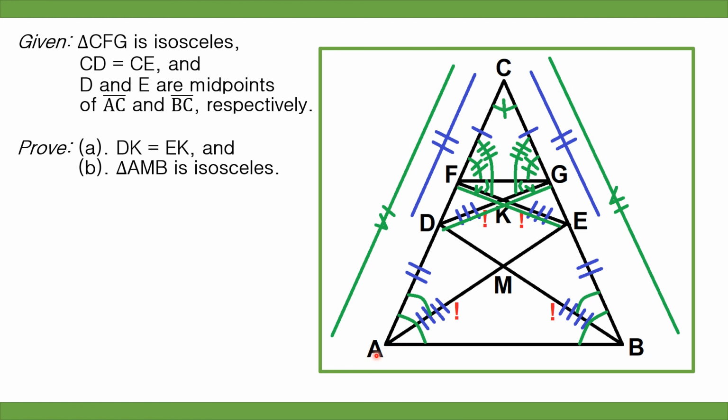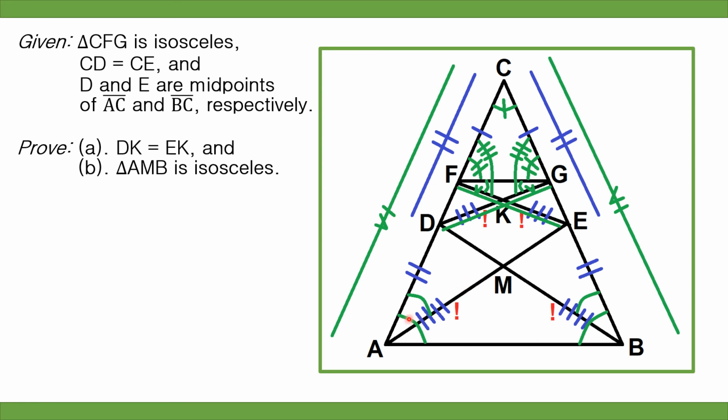Then, we can say that AE and BD are congruent by CPCTC if we wanted to prove that these are congruent. But I think it's difficult for us to prove that AE and BD are congruent. So, we look at another option.